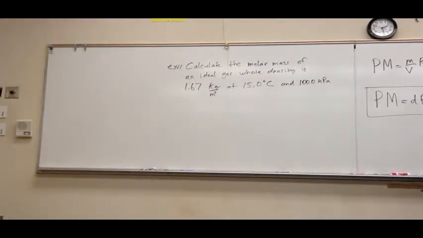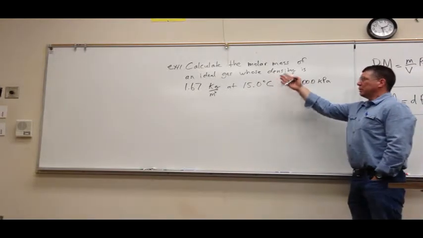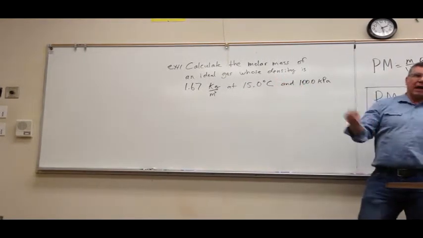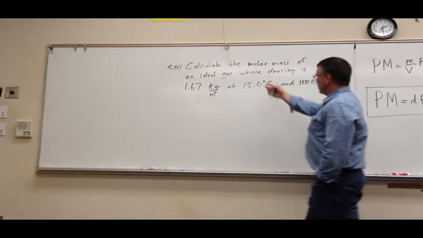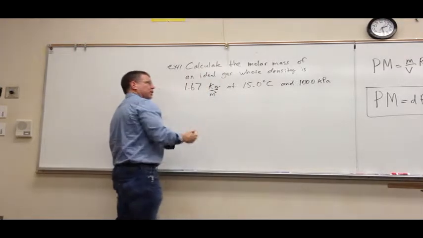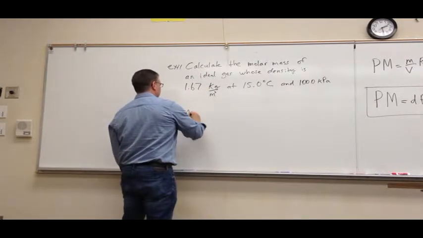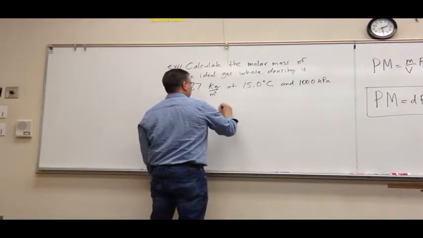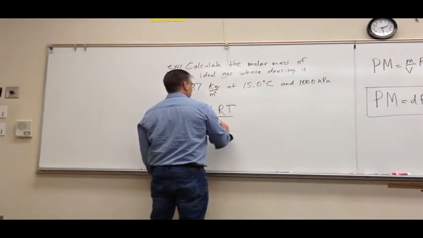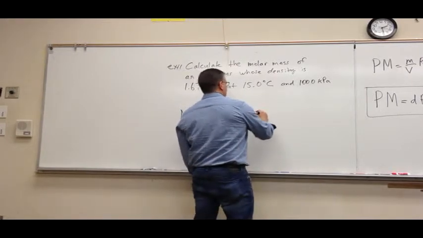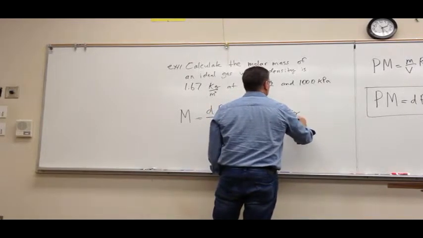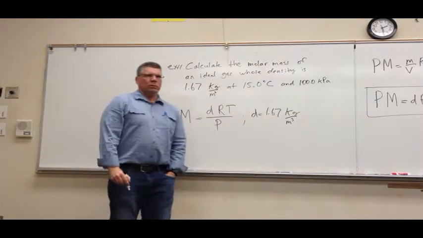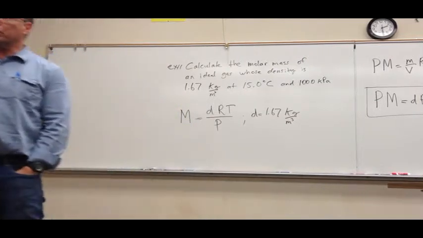All right, so when you see a problem like this, it involves a gas, and it's asking for or giving things like density and molar mass. You're probably going to want to use this form of the ideal gas law. So let's see. It says calculate the molar mass. All we're going to do is rearrange that equation and solve for the molar mass. We just said we want the density to be grams per liter, right?